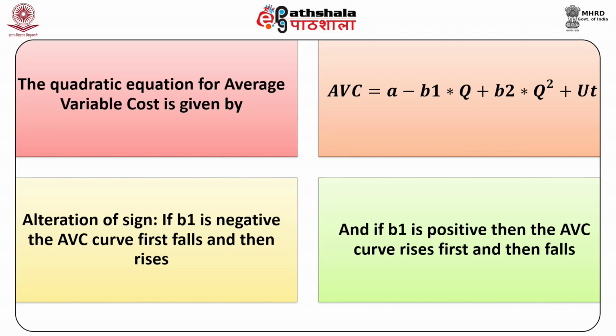Similarly, if we have a curve which is not a U-shaped curve but an inverse U-shaped curve, like a bell curve, then B1 would be positive and B2 would be negative. That means the linear term would be positive and the square term would be negative.